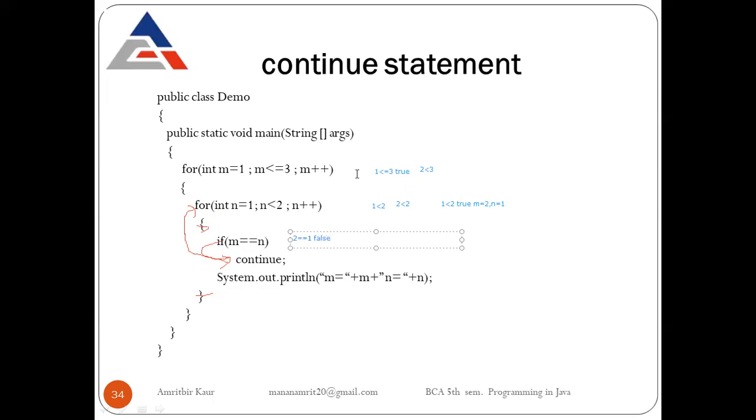When it is false, control goes outside the body of the if, so it will be printed on the screen. So continue helps to skip. The output will be m equals to 2 and n equals to 1.